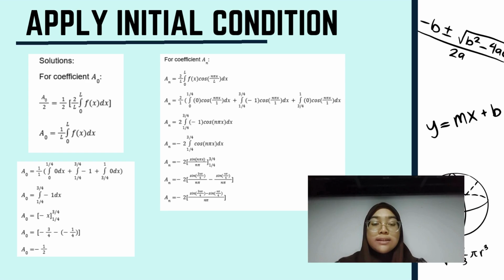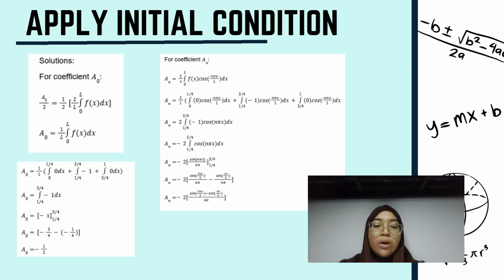Next, for this slide, we will find coefficient a naught. From the formula that we had discussed before, we need to substitute all the functions for this question into the formula, which are 0, -1, and 0. So after substituting all three functions, we will get the answer -1 over 2.